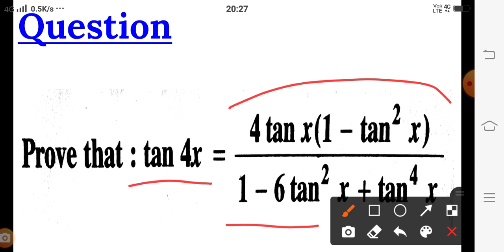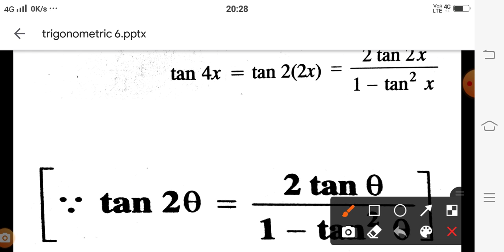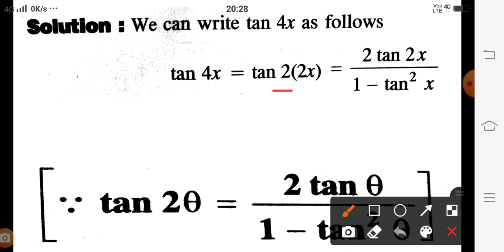Then tan 4x is written as tan 2 into 2x, and if you are using the identity for tan 2 theta, we get 2 tan theta upon 1 minus tan square theta. Here 2 is mistaken, this angle is 2x, so we get 1 minus tan square 2x.